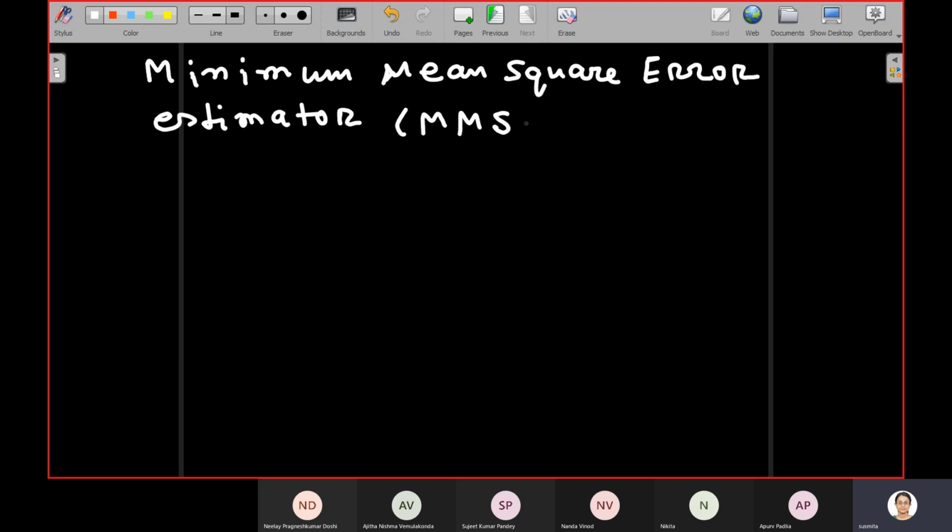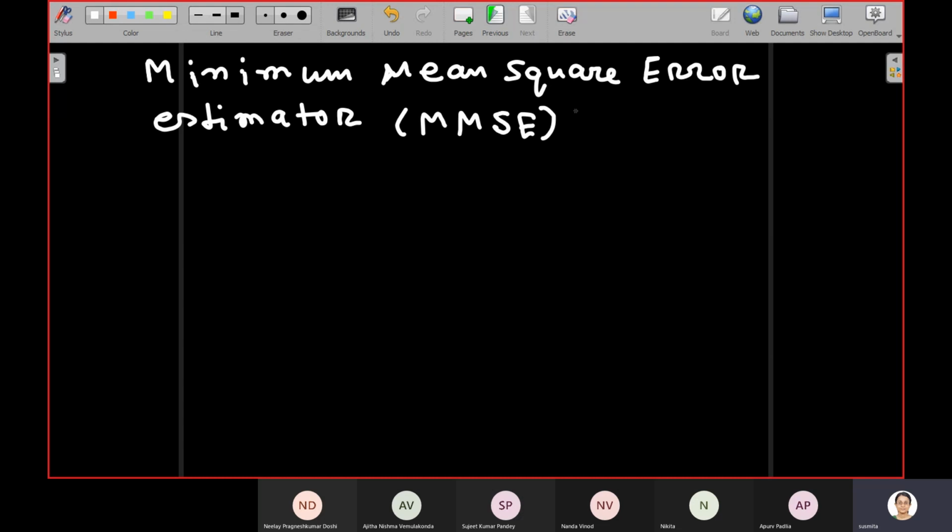Later we'll talk more about the minimum mean square error estimator, and you will find that the expression that we have got now is the same as what we get when you use the minimum mean square error criterion.